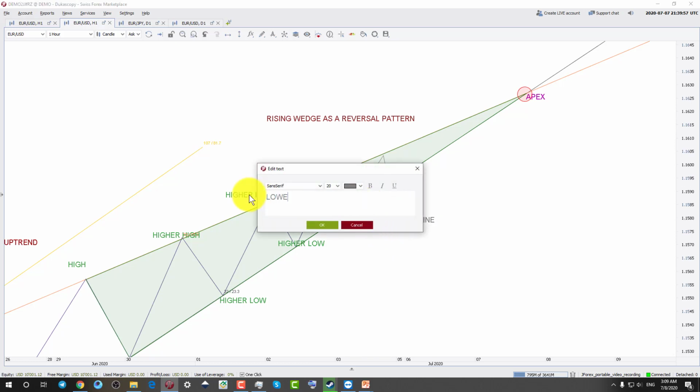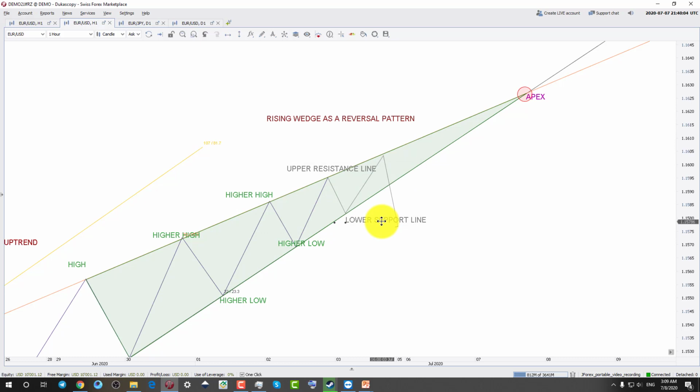Then we have the lower support line. The line which is below the price is a support line, and the line which is above the price is a resistance line. So we have an upper resistance line and a lower support line here.